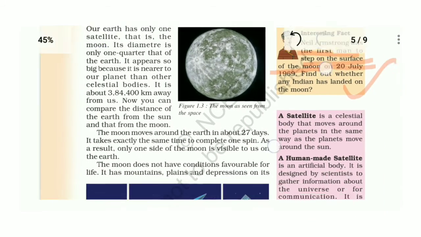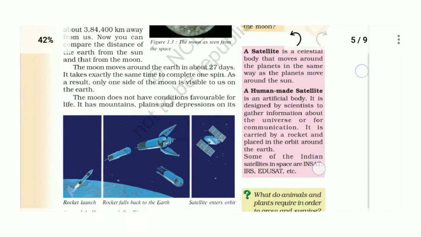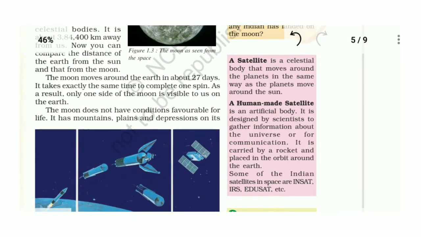So after that we have satellites. And what are satellites? It is given that satellites are celestial bodies which revolve around the planets, obviously. For example, the satellite of Earth is the moon, which is a natural satellite.